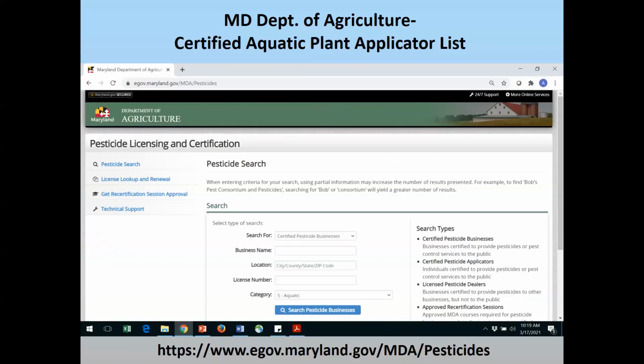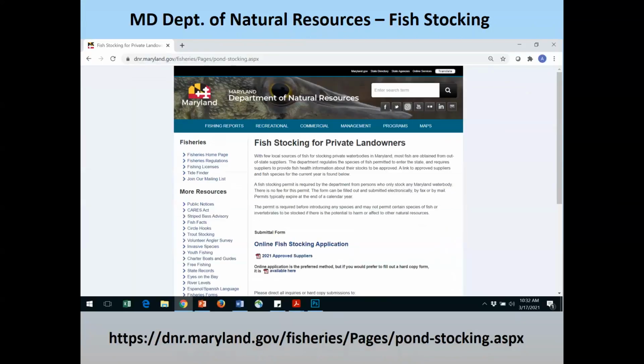So I have a couple of resources here, websites that you can use. If you do have an issue and you're thinking about maybe hiring somebody, MDA has a great searchable pesticide applicator list, and they do have a category for aquatics, so that is available. Maryland Department of Natural Resources actually does fish stocking for certain private pond owners, so that's a resource to consider.